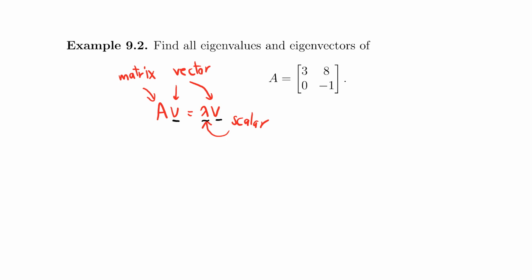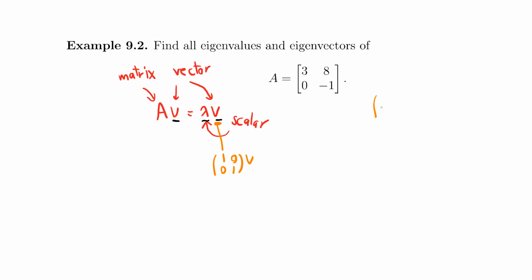One thing we saw earlier is that this vector V is actually the same as the identity matrix times V. Because if I multiply the identity matrix by the vector V, the result is the same thing, and the dimension is the same as well.